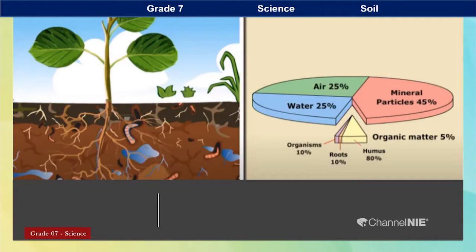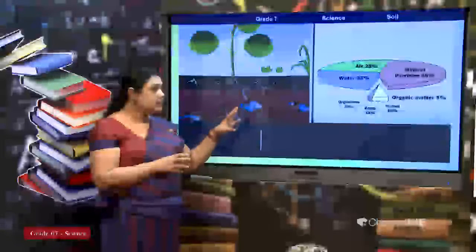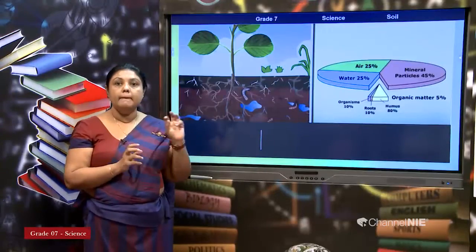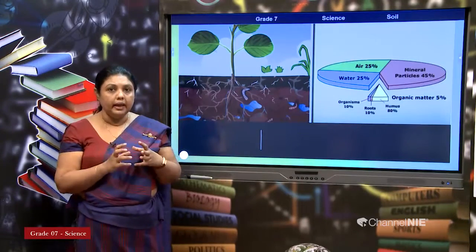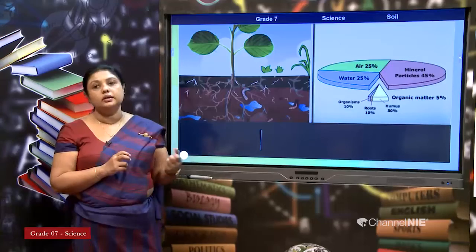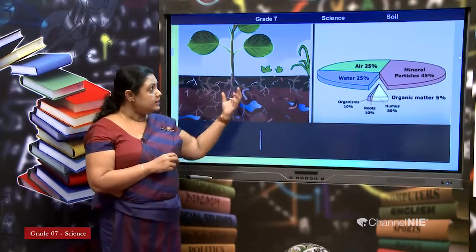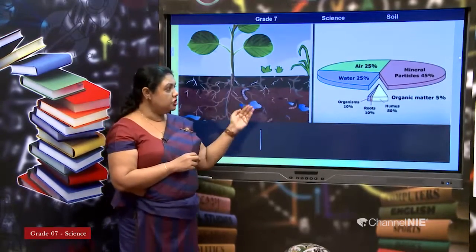Organisms and roots are 10% each, the least amount. So, this always gives a main function, main property to the soil. These are the main composition here.